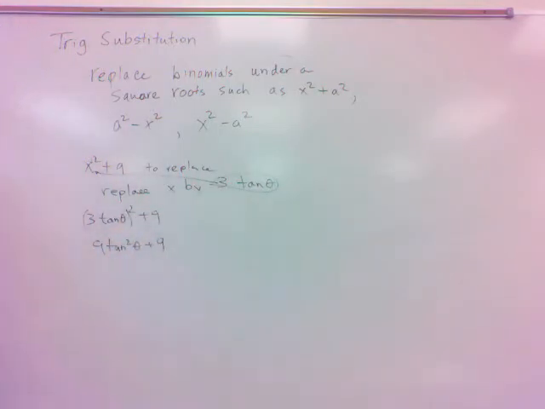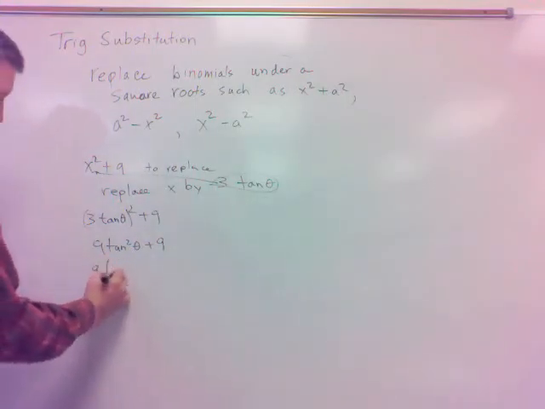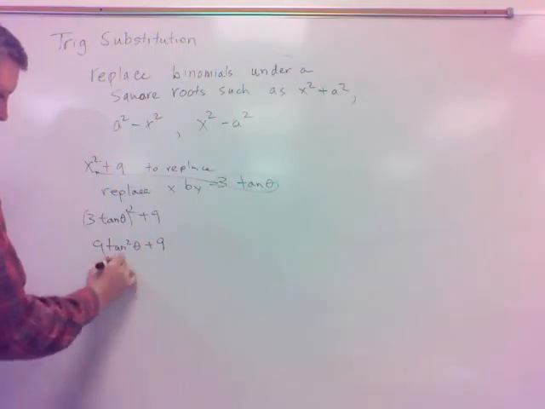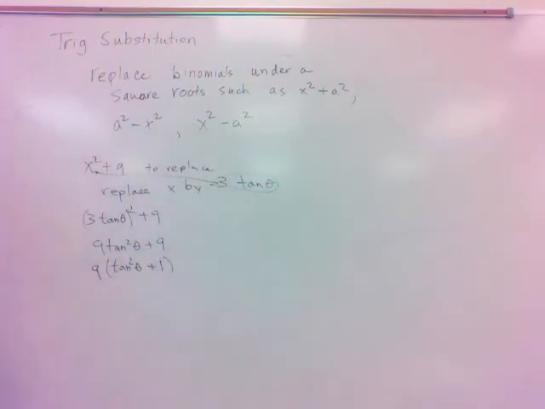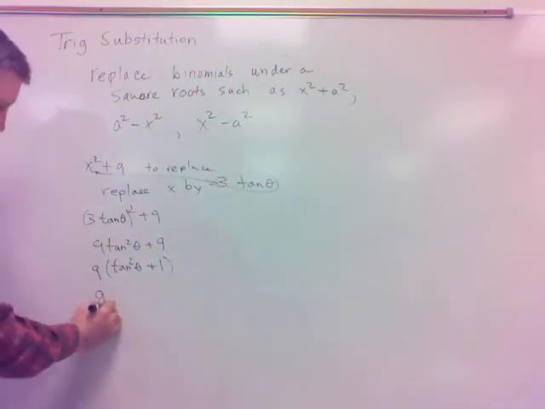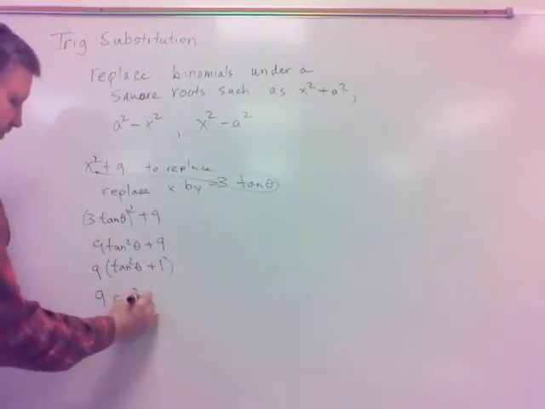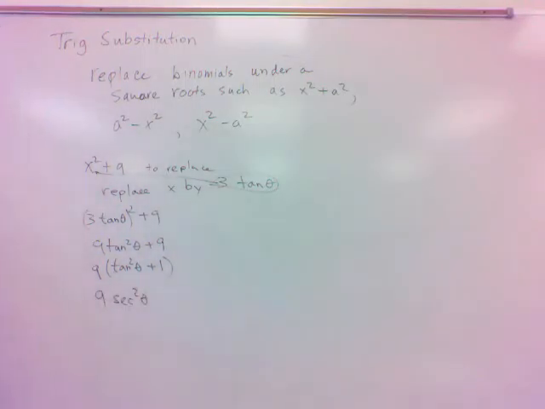Here's why I do this. What can I do to 9 tangent squared plus 9? Factor off a 9. And so that becomes tangent squared plus 1 inside there. What's tangent squared plus 1? Secant squared. Yeah, going back to our trig identities there, Pythagorean identities, tangent squared plus 1 is secant squared.